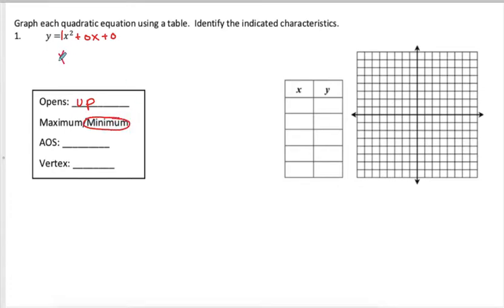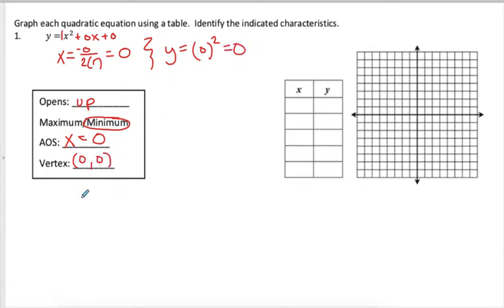Axis of symmetry, we can do x equals the opposite of b, so that's 0, over 2 times 1. Well, 0 divided amongst two things is still 0. So my axis of symmetry is at x equals 0.